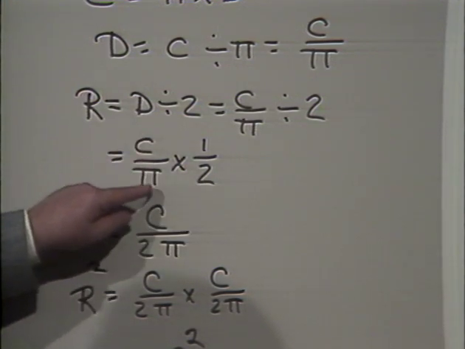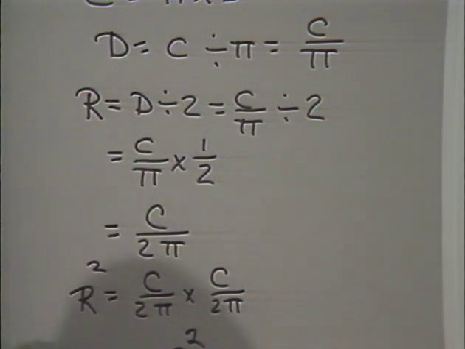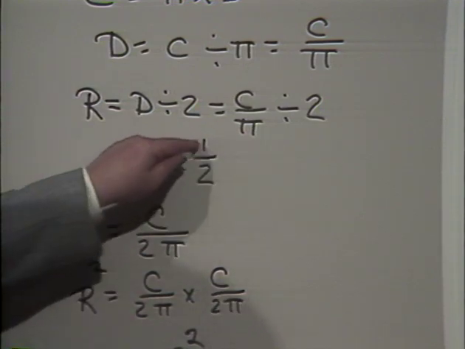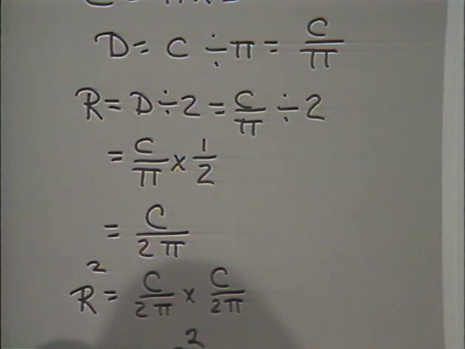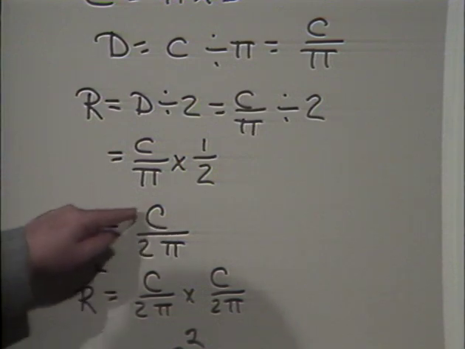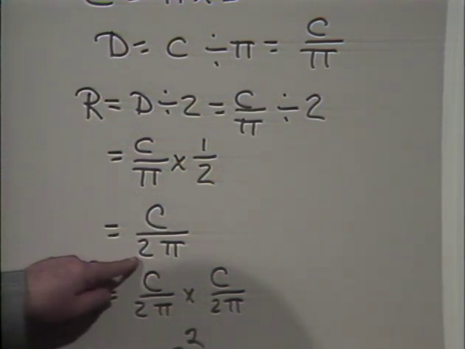So this becomes C over pi times 1/2. How do you multiply two fractions? You multiply the two numerators, that's C times 1. Multiply the two denominators, that's 2 times pi, which we write as 2 pi. See, it's like saying 2 pies. See, 1 pi 2 times is 2 pies. Here we're just saying 2 pi. So it's C over 2 pi, okay?